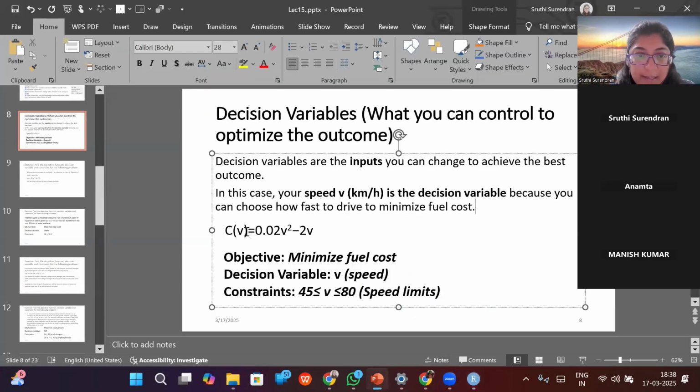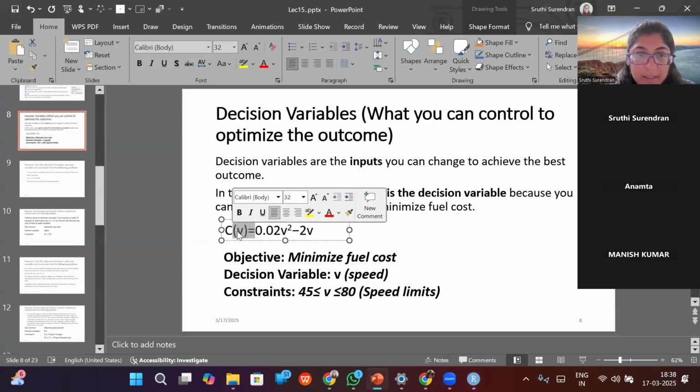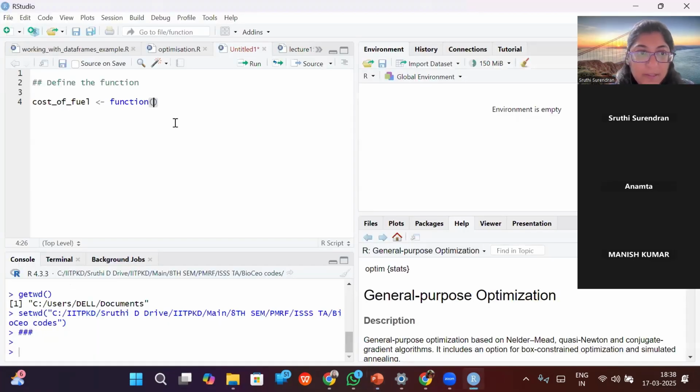Cost of fuel is a function of the decision variable V, so first we write that inside the function command. Then we put a curly bracket and write this equation in there: 0.02 V square minus 2V.